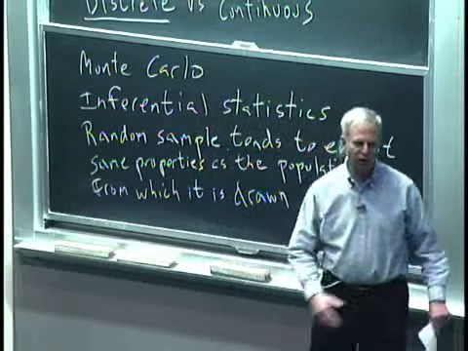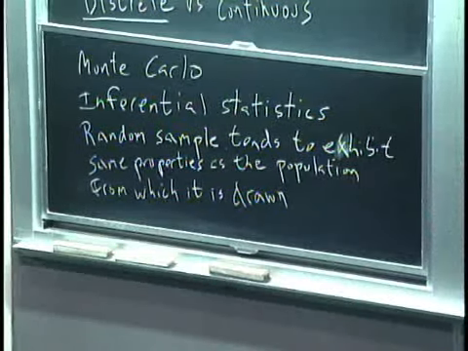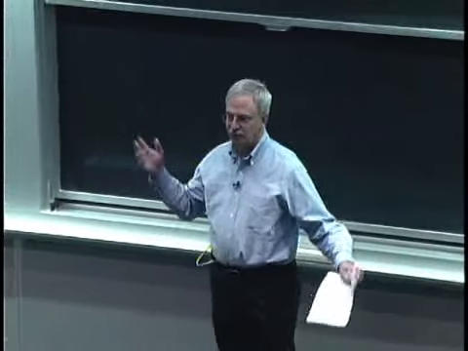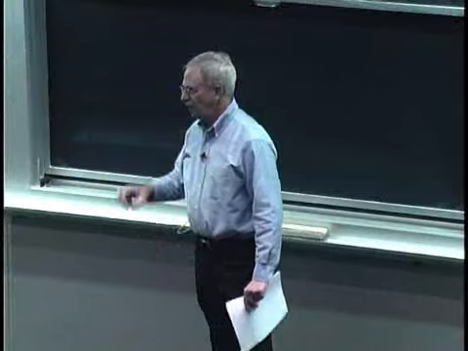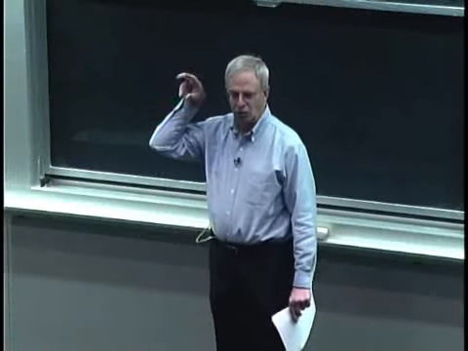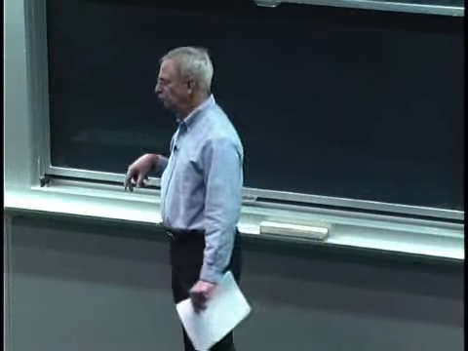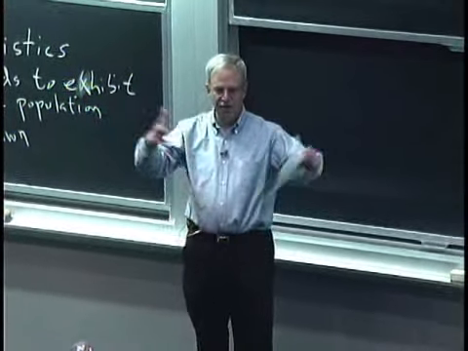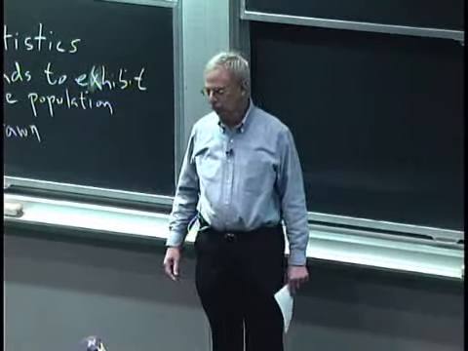So you take a population of anything, red balls and black balls, or students, or steps, and at random draw some sample, and you assume that that sample has properties similar to the entire population.